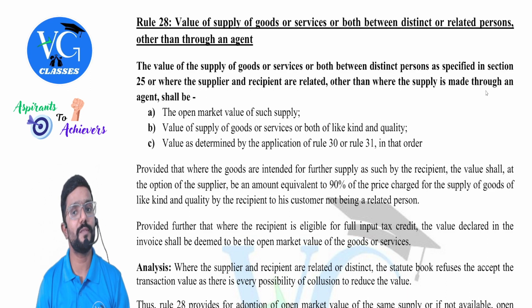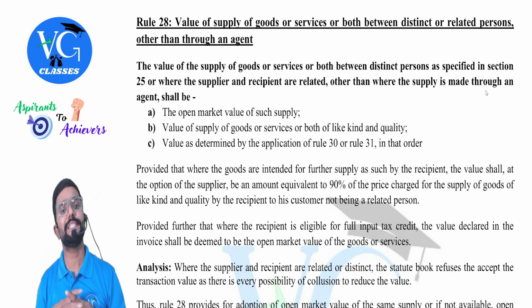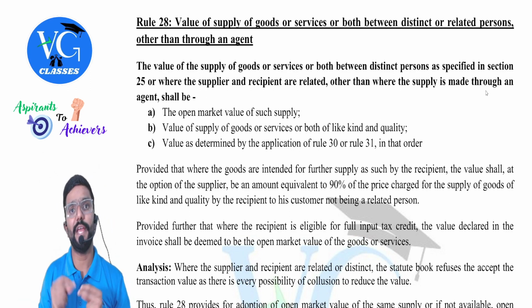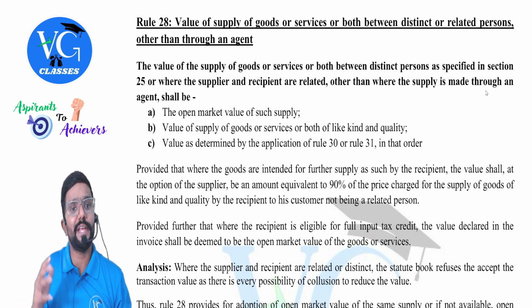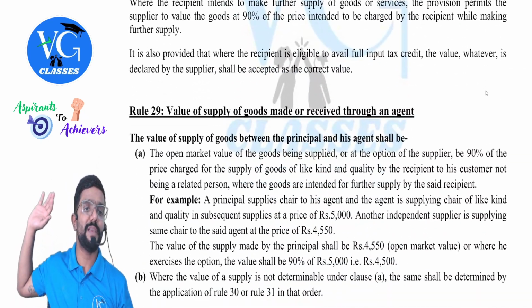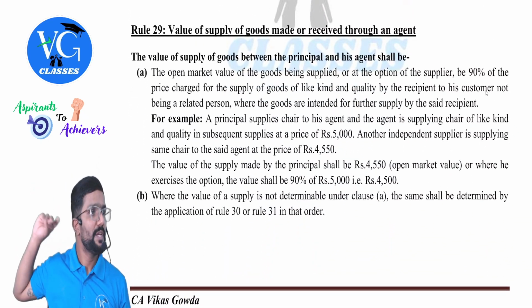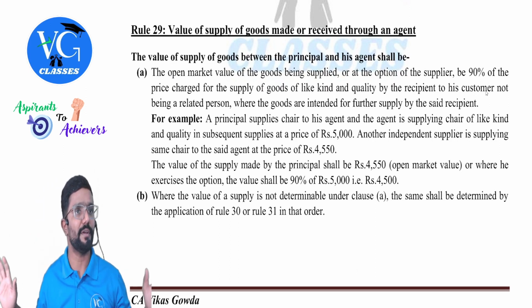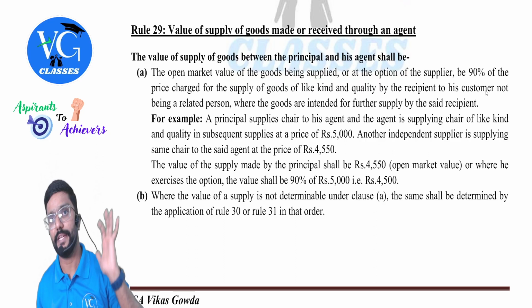Value of supply of goods or services or both between distinct or related persons other than through an agent. So if it is sold through an agent, rule 28 is not applicable because we have a separate rule for it, 29. If you are selling it through an agent, whether agent is your related person or not, doesn't matter. We need to apply rule 29.